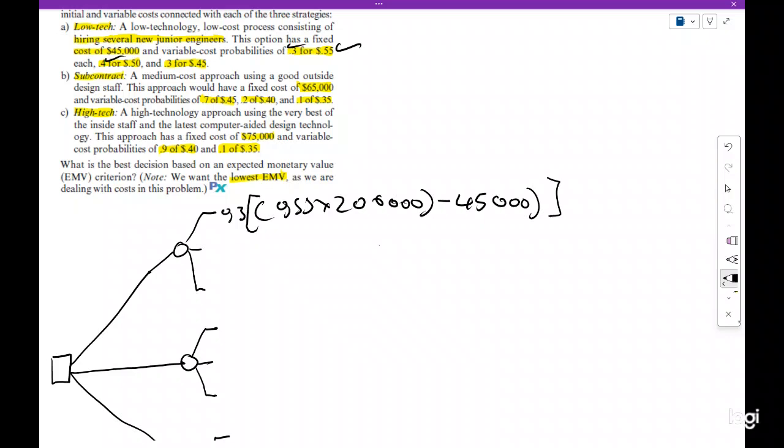Then we close it. Then now we're going to 0.4, and the big bracket, open that, and then it's going to be 0.55 multiplied by 200,000, close bracket, minus the 45,000. Close bracket, close the big bracket.